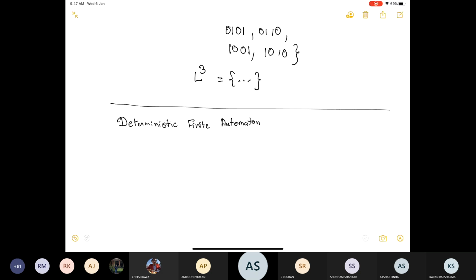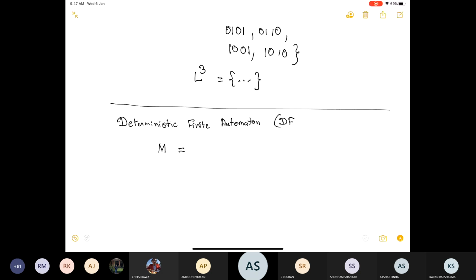So this is a very restricted kind of machine. Let me just give a formal definition here, and we'll take up examples in the next class. From now on, we'll just call it a DFA, deterministic finite automata.